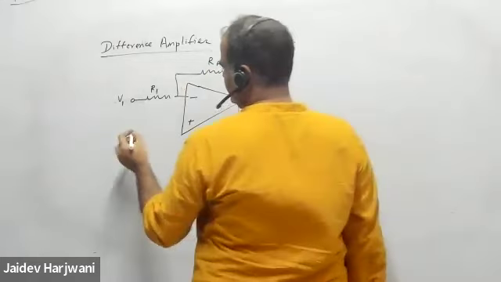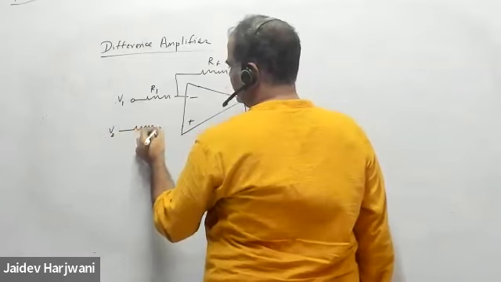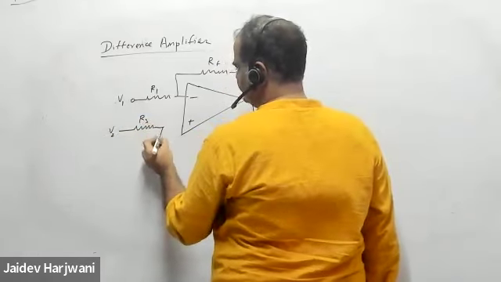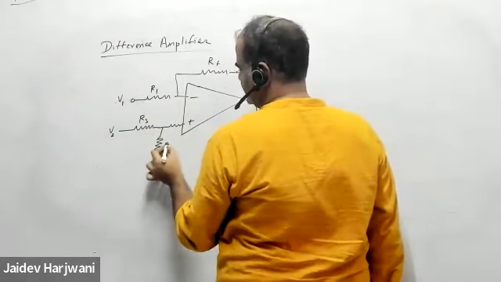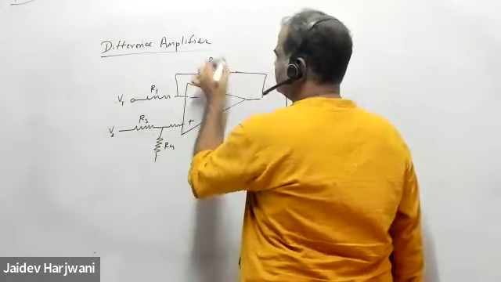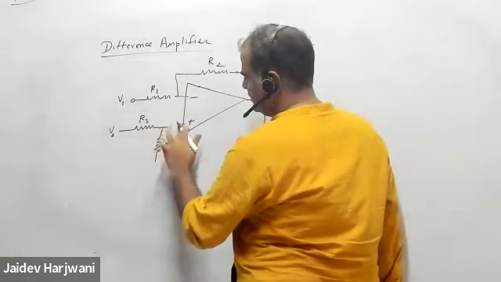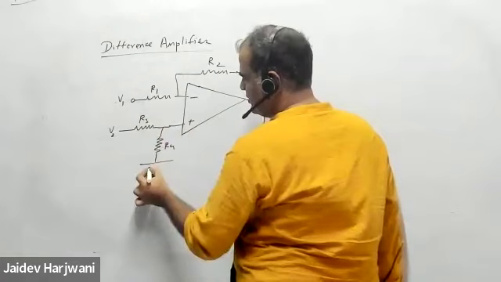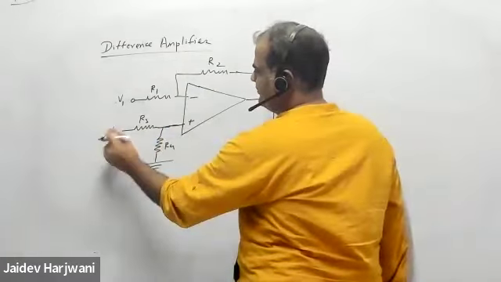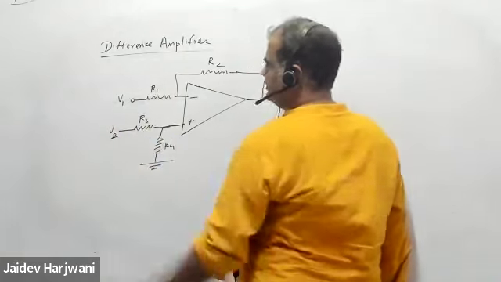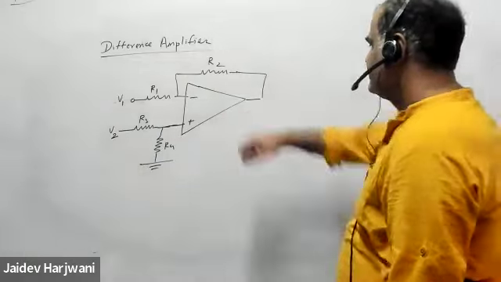And say here also I'm applying a signal, and this is R3, and this is R4. You can say this is R2 also instead of RF, and this is your ground. So basically you're applying voltage at both sides.